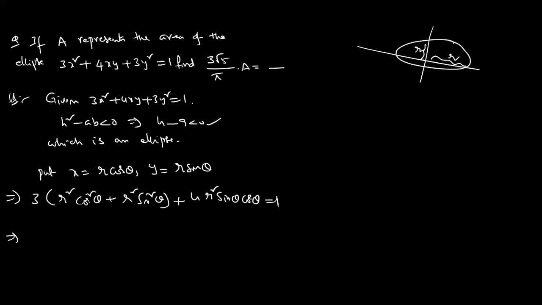Put these values in the given equation. So 3 r square plus 2 r square sin 2 theta is equal to 1. Because 2 sin theta cos theta is sin 2 theta. Now therefore r square is equal to 1 by 3 plus 2 sin 2 theta.